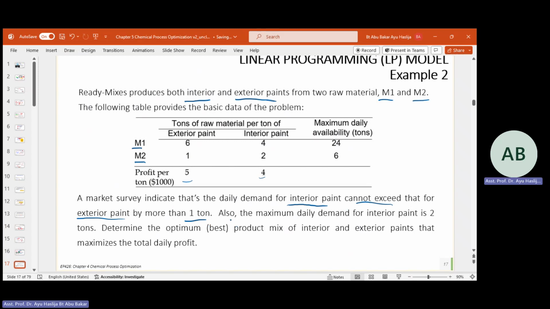Also, the maximum daily demand for interior is 2 tons. Determine the optimum product mix of interior and exterior paint that maximizes the daily profit.